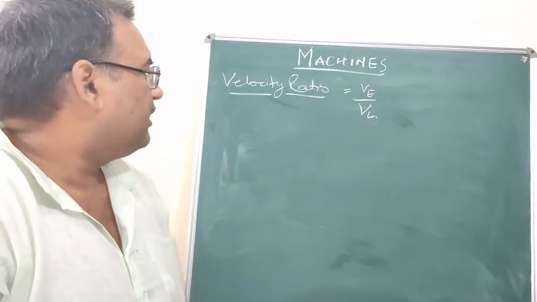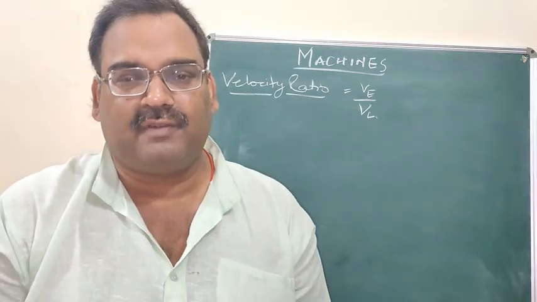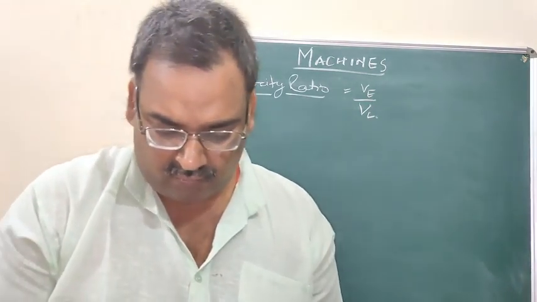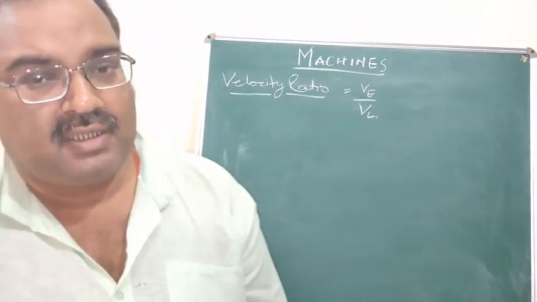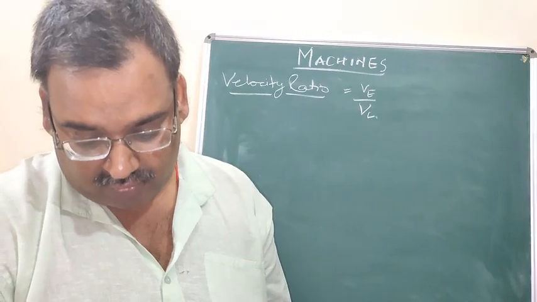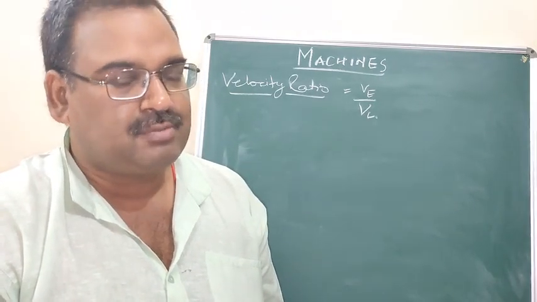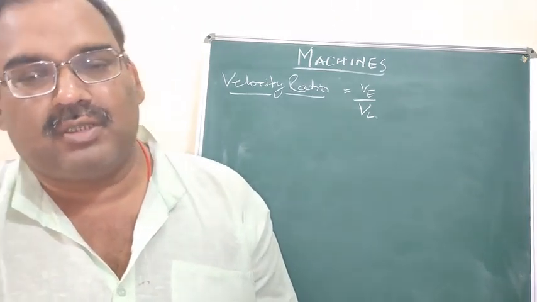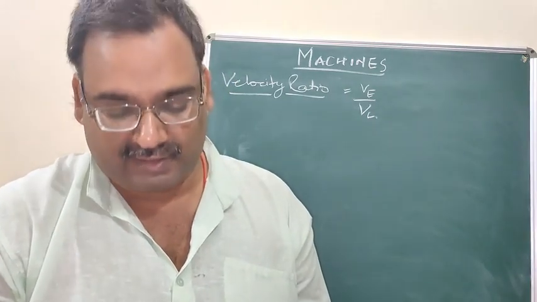The next important term is velocity ratio. Velocity ratio is the ratio of the velocity of the effort applied to the velocity of the load. Let us take dl, the distance moved by the load in t time, and de, the distance moved by the effort in t time.